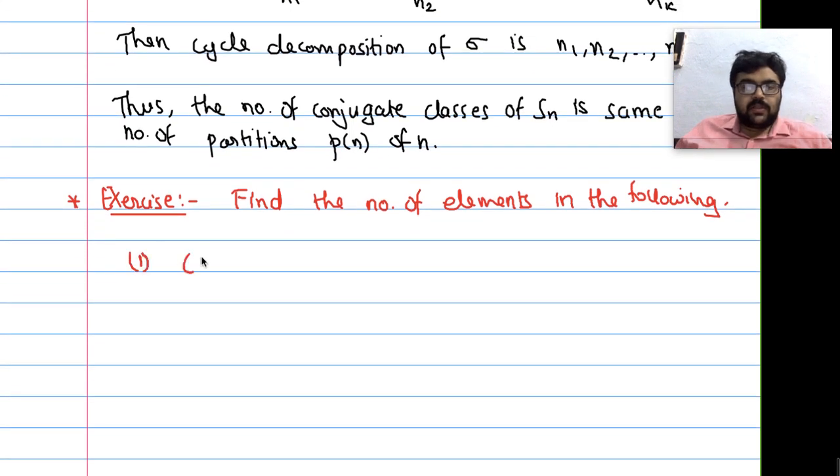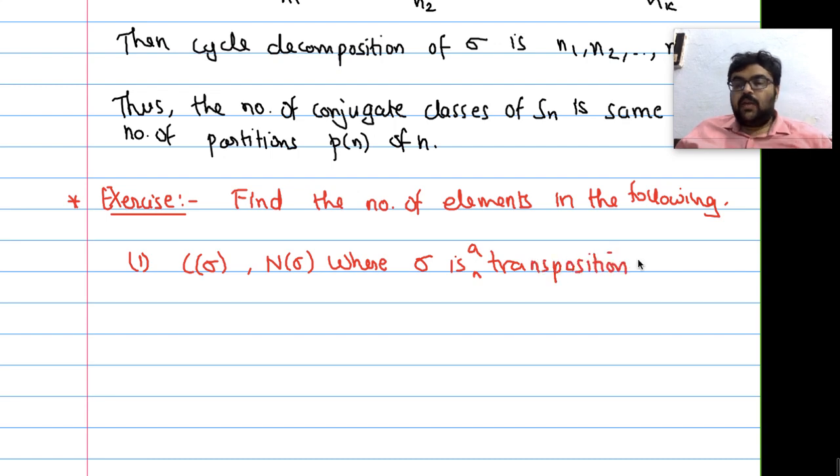First is C of sigma, N of sigma, where sigma is a transposition in Sn. How many conjugates will a two-cycle have to count, how many elements will be in the normalizer of a two-cycle to count. Find the number of elements in the conjugacy class of sigma and the normalizer of sigma, where sigma is a transposition in Sn.